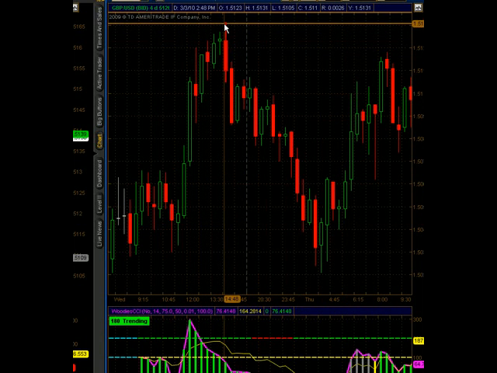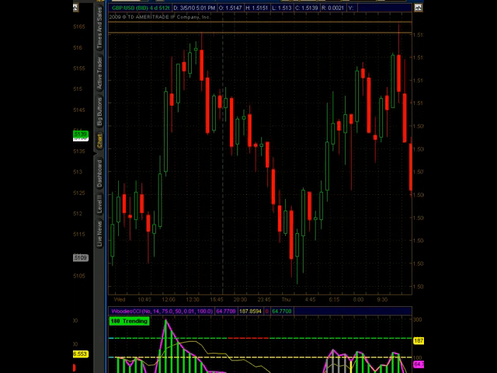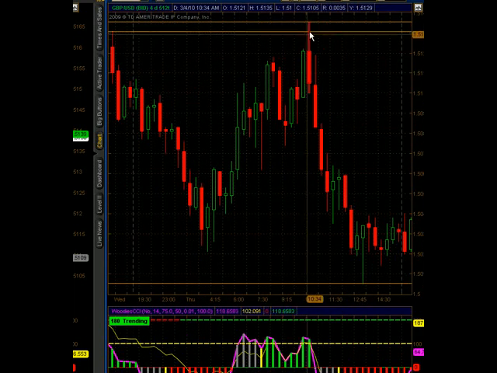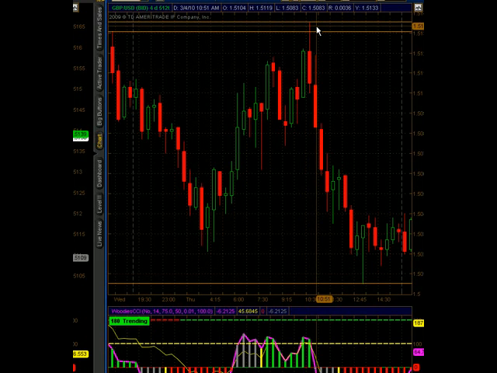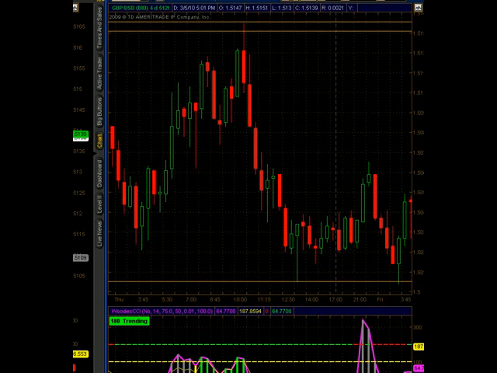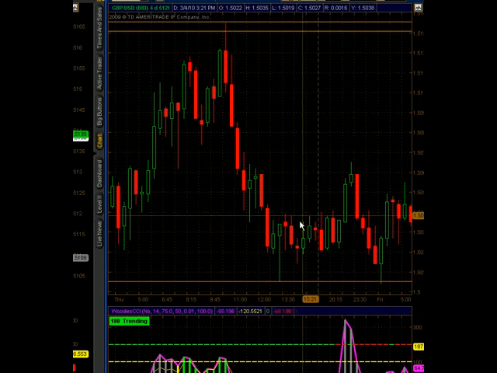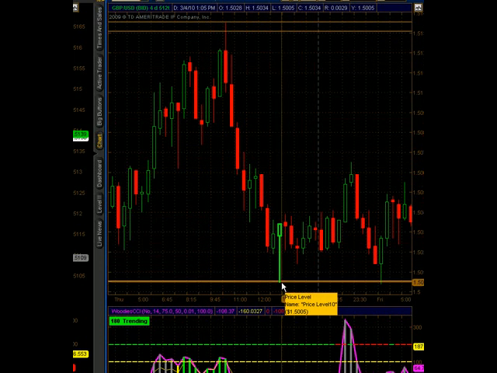And then when you scroll over into the future, the high of Thursday was here. So that's why I figured these two areas, something might happen if price got to that level on Friday. So I marked off those two highs, excuse me, and the low of Thursday.